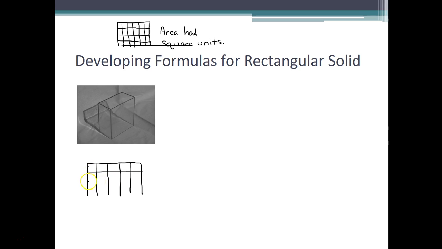So be patient with me while I sketch something out that has cubes in it. Okay, so in the case of a box, you're trying to figure out how many of these little 1 by 1 by 1 cubes would fill up that box?